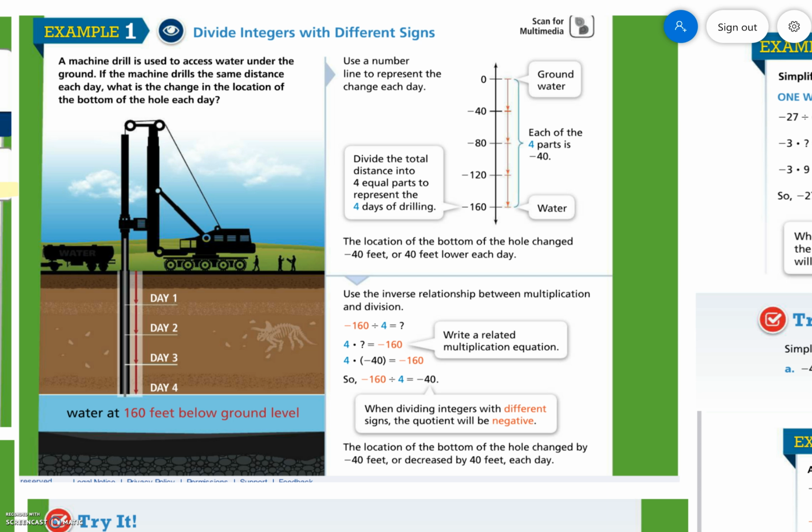Example 1. Divide integers with different signs. A machine drill is used to access water under the ground. If the machine drills the same distance each day, what is the change in the location of the bottom of the hole each day? So each time it goes down 40. The first time down 40, second time down 40, third time.